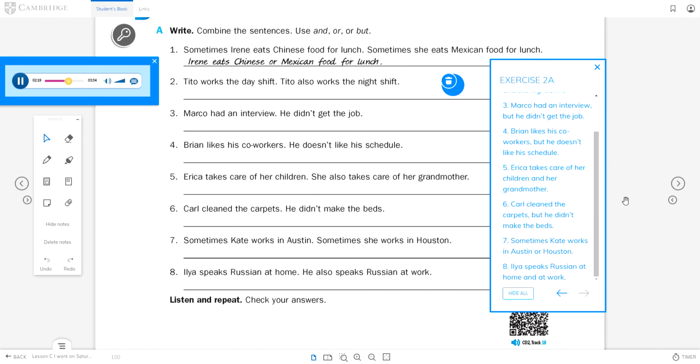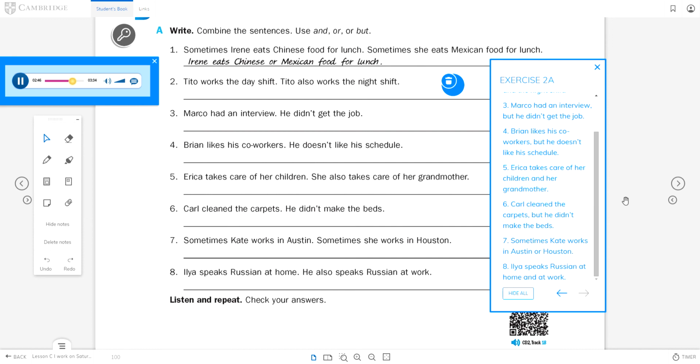Carl cleaned the carpets. He didn't make the beds. Carl cleaned the carpets, but he didn't make the beds. 7.